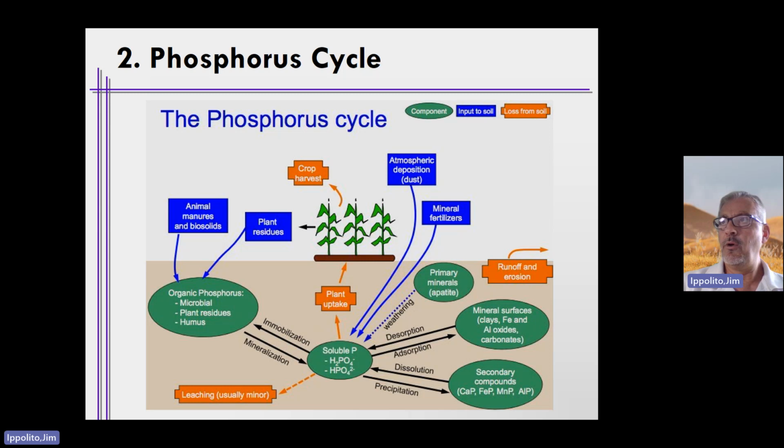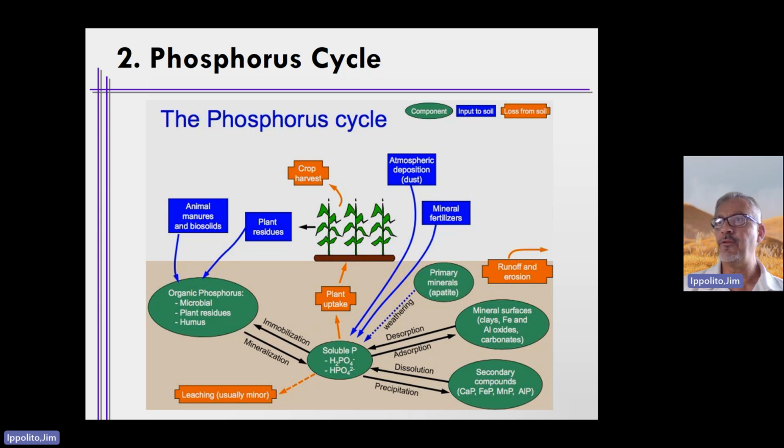Okay, so there's various components, much like the nitrogen cycle, that move between phases within the soil that can be lost due to plant uptake or leaching or runoff, etc.